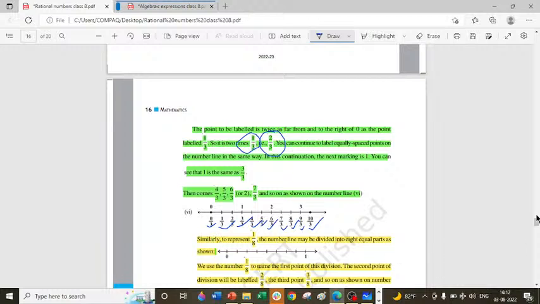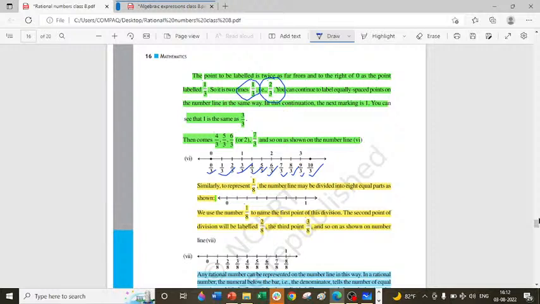So here we learned about how to represent a rational number on a number line. So let's move to this one.